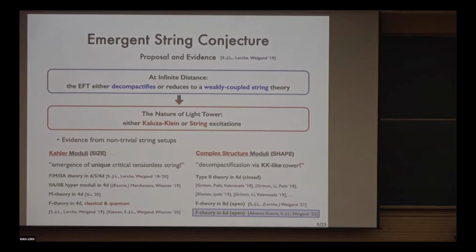So this provides an interesting perspective for our current story of non-minimal 7-branes in 6D F theory, because, as I addressed, those objects sit at infinite distance in the moduli space, in particular in the open string moduli space, the complex structure moduli space of F theory.